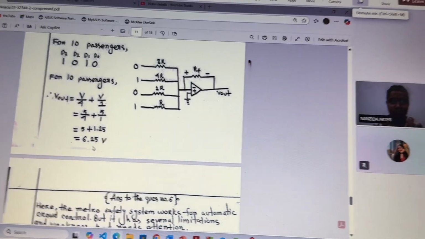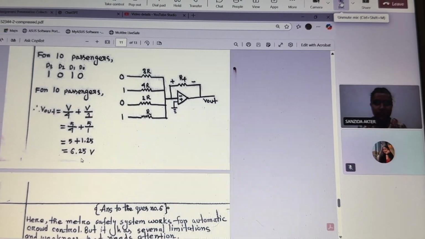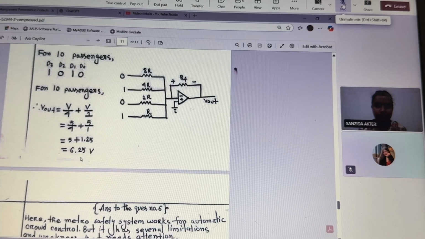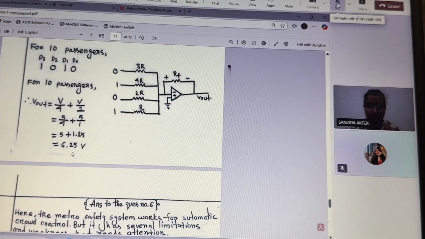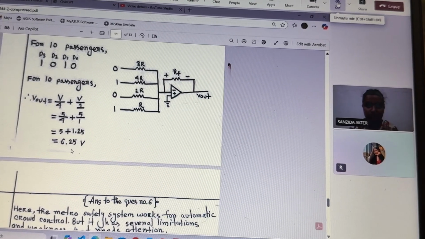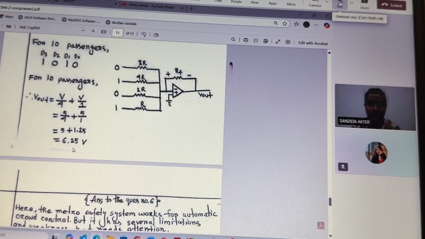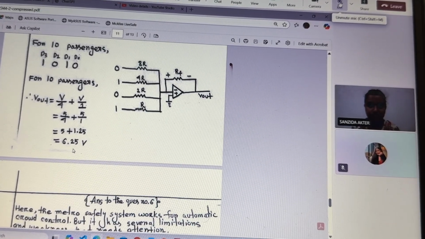The LSB is D0 and the MSB is D3. This result shows that as the number of passengers increases, the DAC output voltage rises proportionally, giving the control room a clear, continuous analog indication of crowd size.